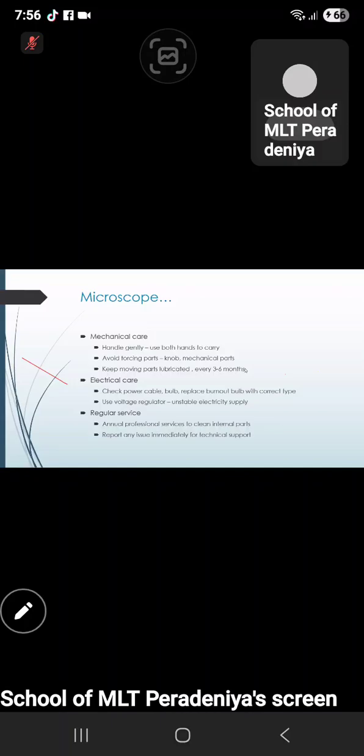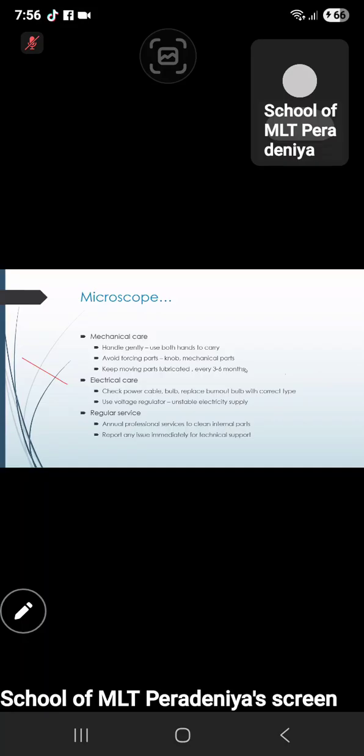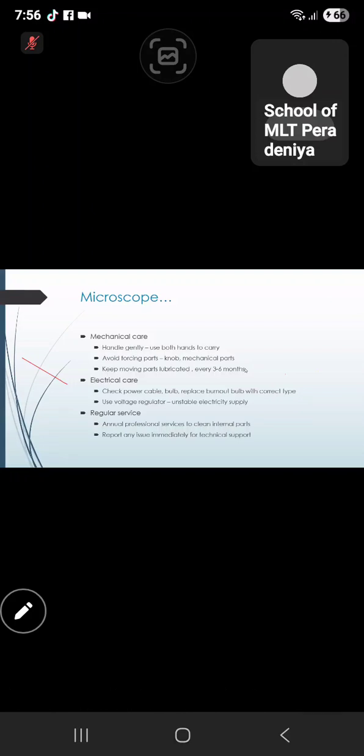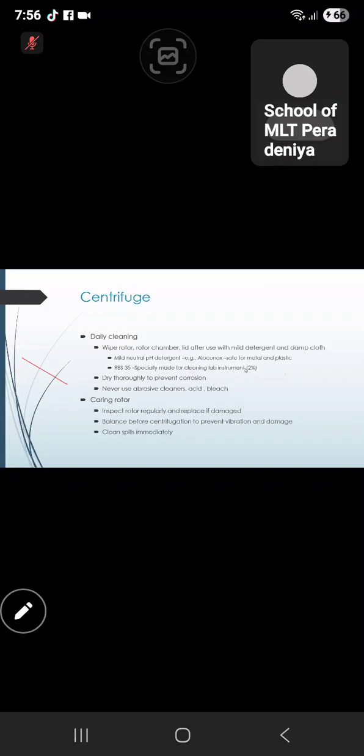If there is any damage or any fault, we have to enter it in the maintenance log, and we have to go for technical support. So these are the main things relevant to the microscope. So in microscope, it's simply you can write even in the exam.